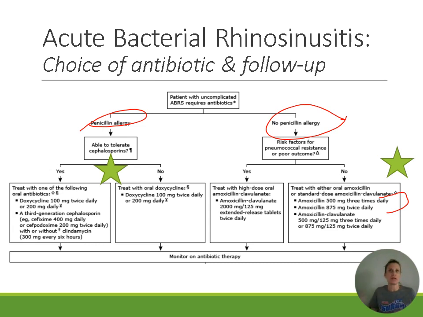But remember, there is some cross reactivity between cephalosporins and penicillins. So you do need to evaluate if they can tolerate a cephalosporin. So if they can tolerate a cephalosporin, then we can do a 3rd generation cephalosporin. If they cannot tolerate the cephalosporin, then doxycycline is acceptable. Doxycycline is fine either way.